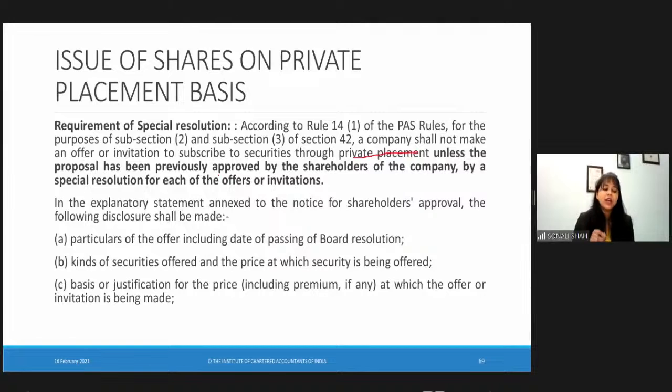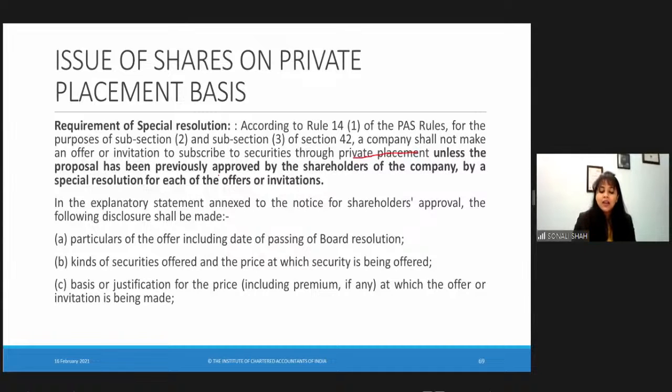So whenever a company wants to make a private placement, a special resolution has to be passed by the shareholders of the company. Whenever a special resolution has to be passed, the notice of the meeting along with the explanatory statement is sent to the shareholders for approval.